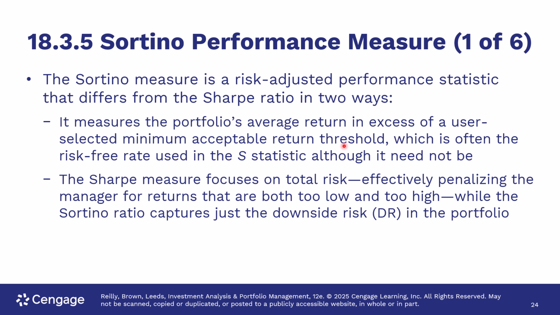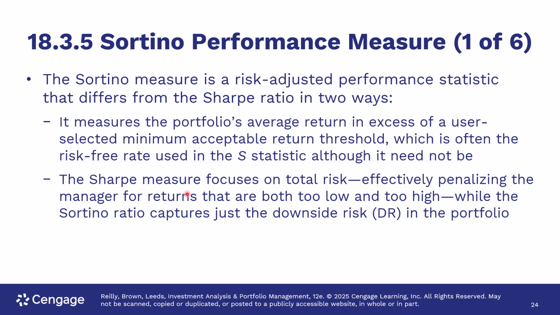Just make sure you have a reasonable explanation for whoever you're explaining the results to. In this class, just know that your professor will probably hand you something that goes there. So the user-selected minimum acceptable return threshold is going to be a Greek letter tau in a moment. It often uses the risk-free rate, but it doesn't have to be the risk-free rate.